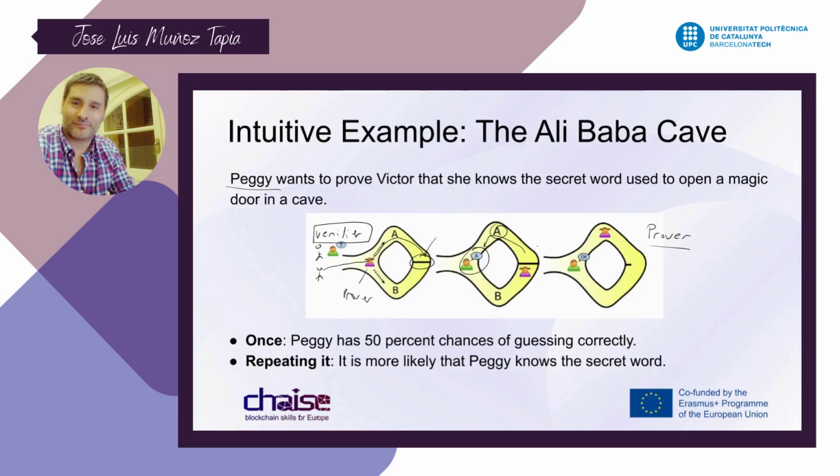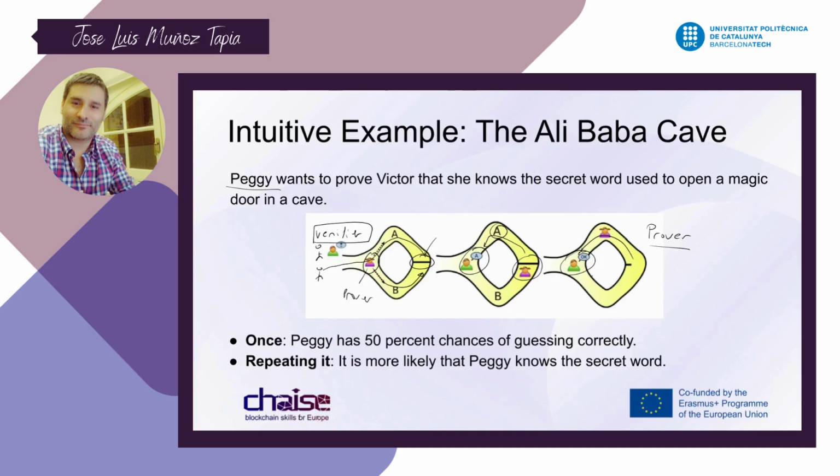Now imagine that the prover just decided to go the B way. So she is on the other side of the door. Now she needs to use the secret word to open the door and finally go outside, as asked by the verifier.